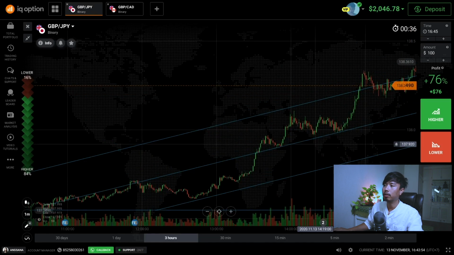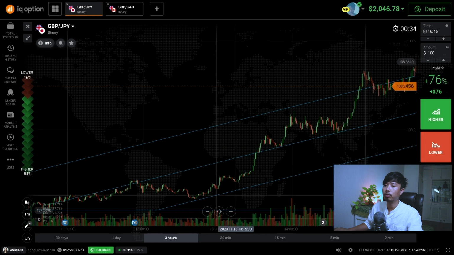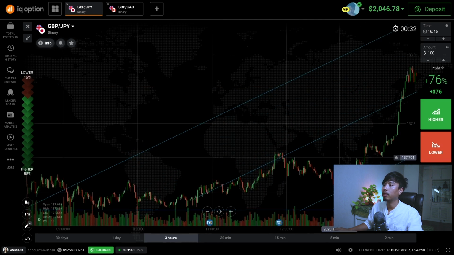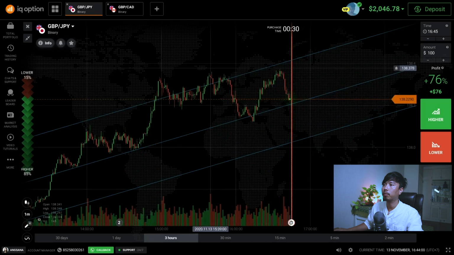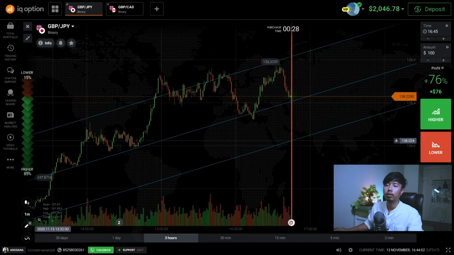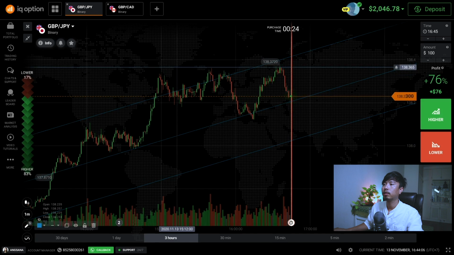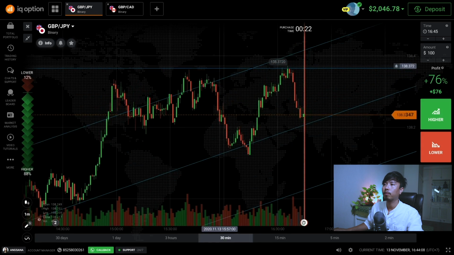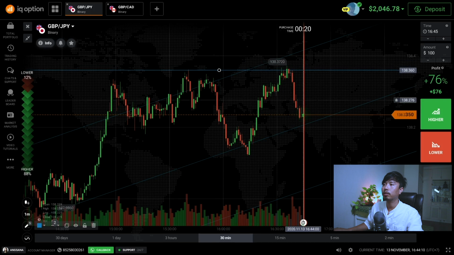I don't see the price getting into that one pretty soon, unless they create a strong resistance on top so that it can fall. Okay, we see the resistance now, right there. This is a resistance. So this is the reason that the price is falling.